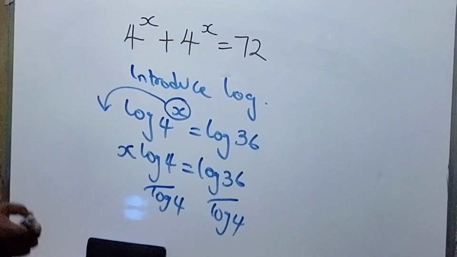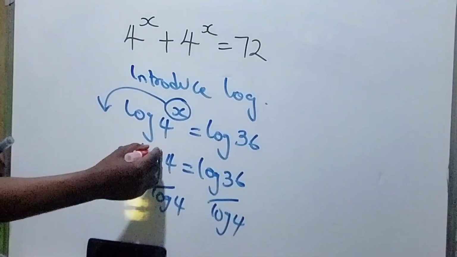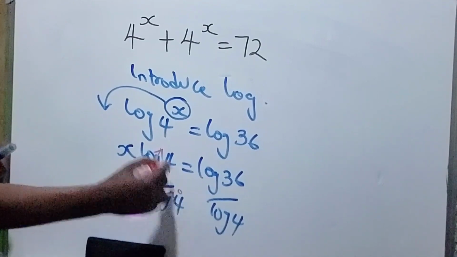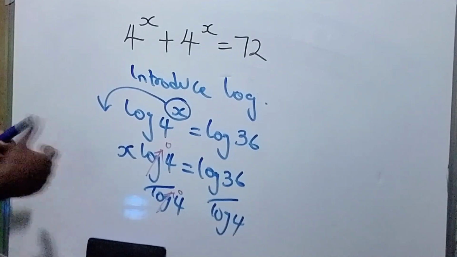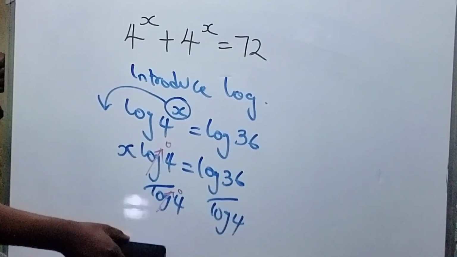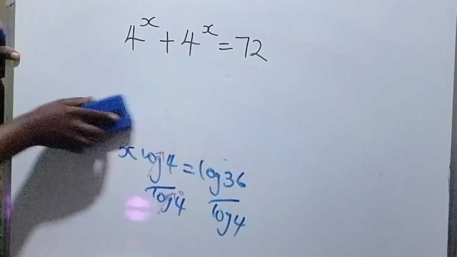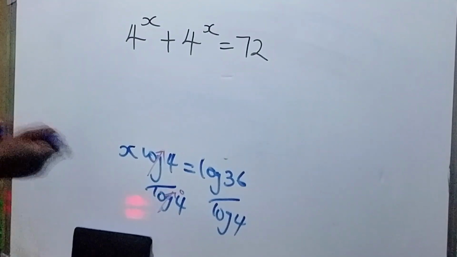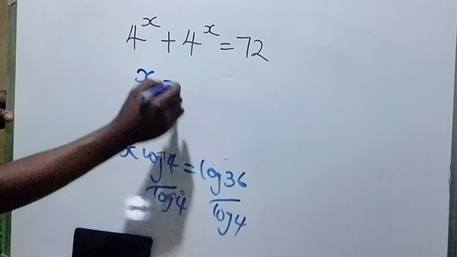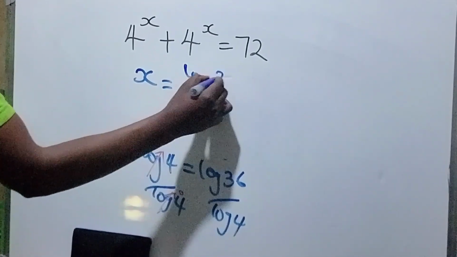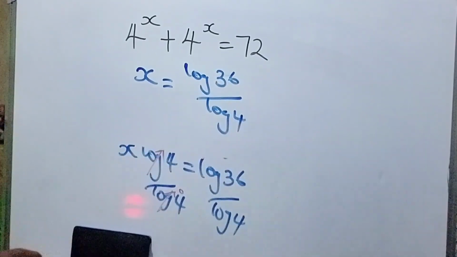Now when I divide that one, remember, we cancel this one. So I'm going to remain with only x equals log 36 over log 4.